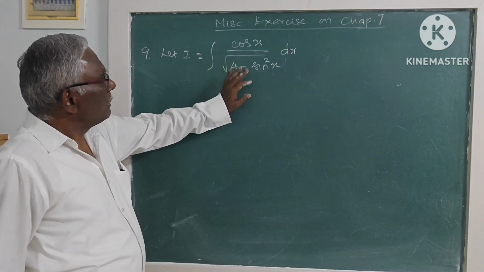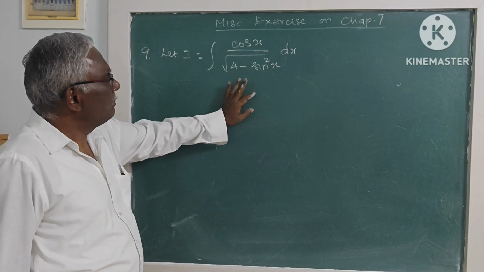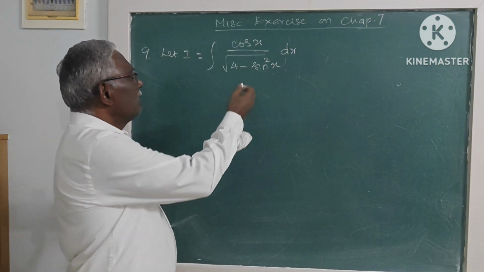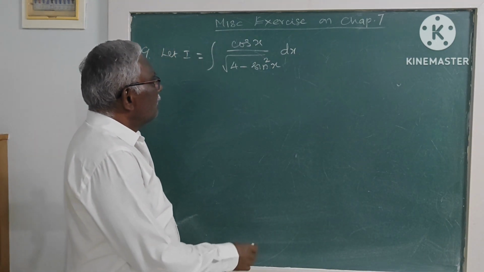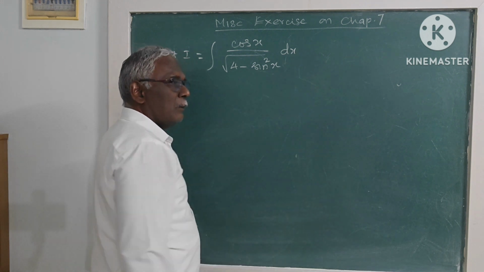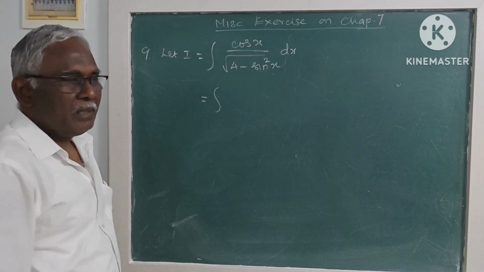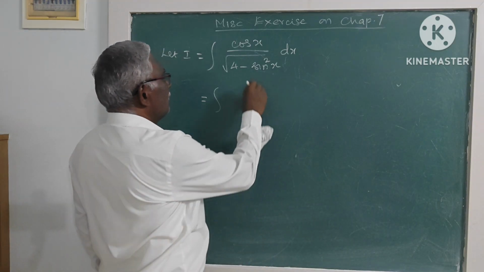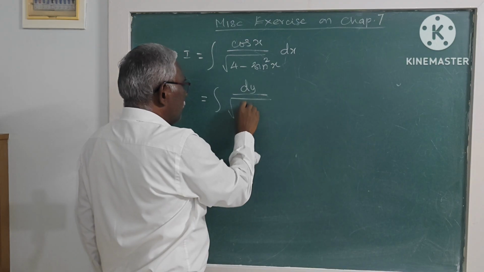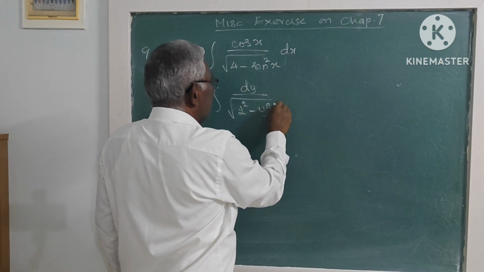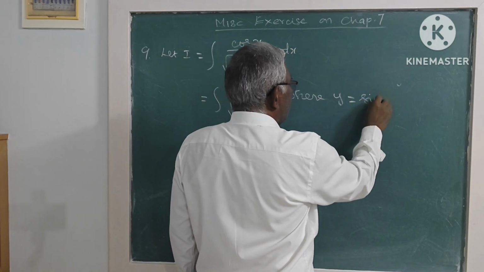So when you see this problem, you see integral dx by square root of a square minus x square form, we can bring this integral to integral dx by a square minus x square form. If we take sin x is y. So when sin x is y, if we differentiate, what will come? Cos x dx. So that will become dy by square root of 2 square minus y square, where y is equal to sin x.